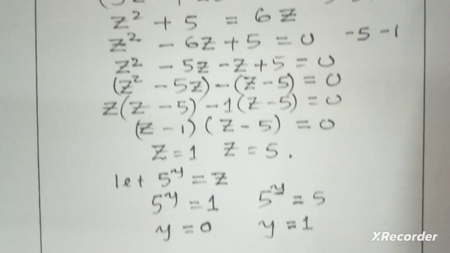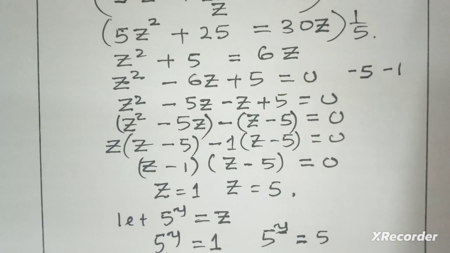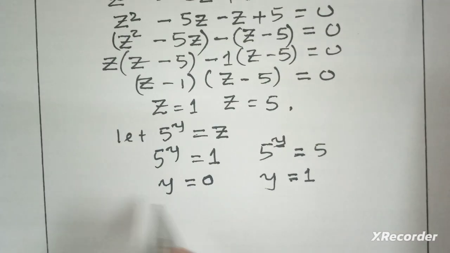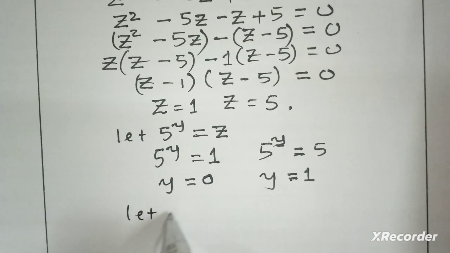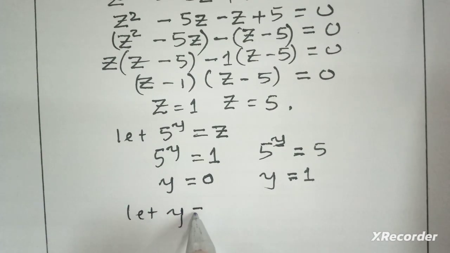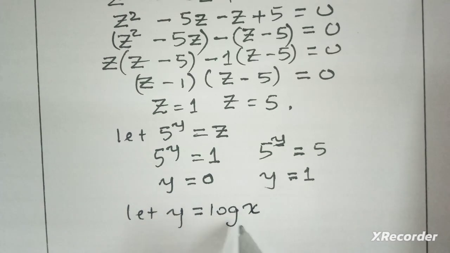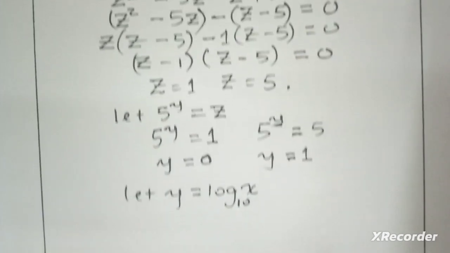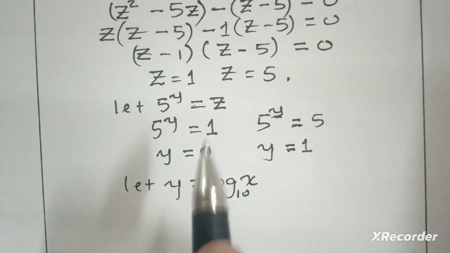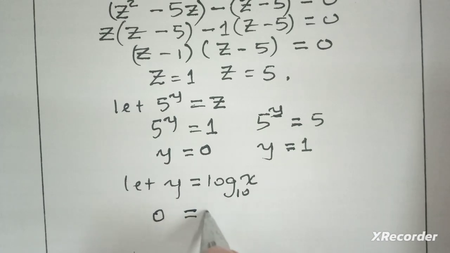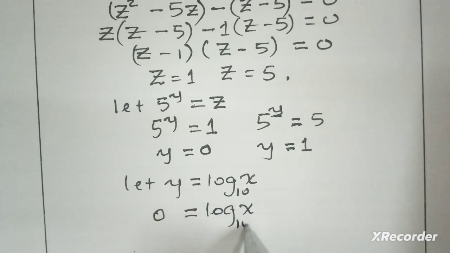And we have said before that let y be equal to log x to base 10. That's what we had said. And so we come and replace once again. Here we shall have 0 equals to log x to base 10. So how can we look for x?